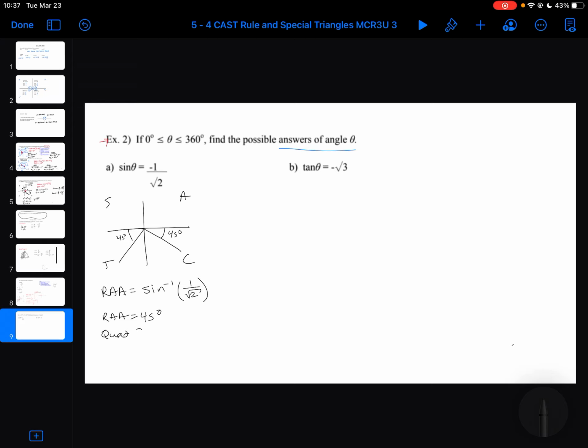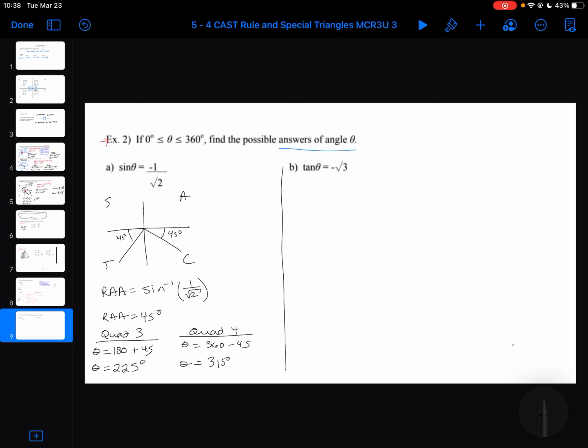So in quadrant 3, I've got theta is 180 plus 45, which is going to give me 225. And then in quadrant 4, I've got theta equals 360 minus 45, which is going to give me 315 degrees as my second angle.